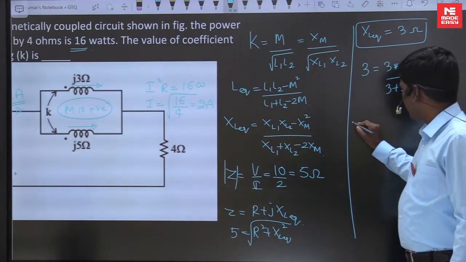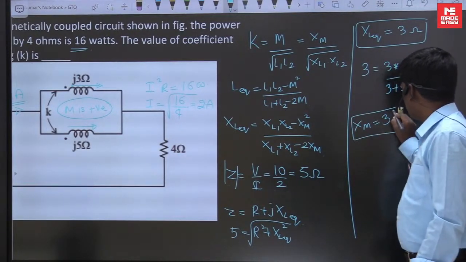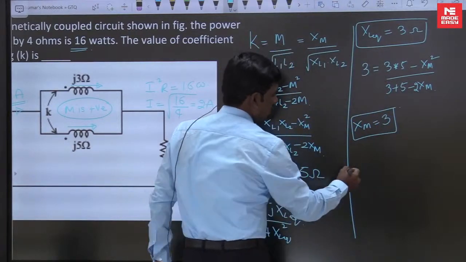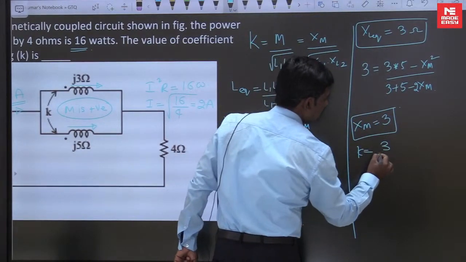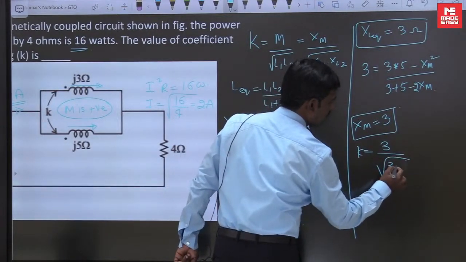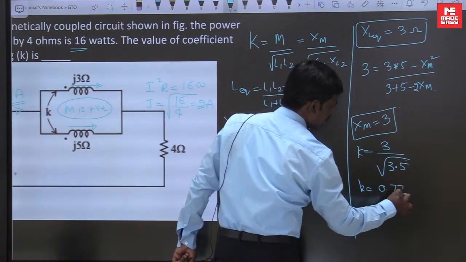So from this you get the XM value is 3. Now K is equal to XM, which is 3, over root of XL1 into XL2, 3 into 5. So K is equal to 0.774.